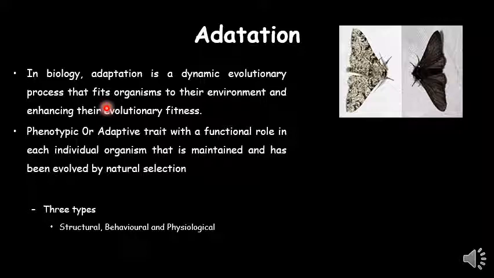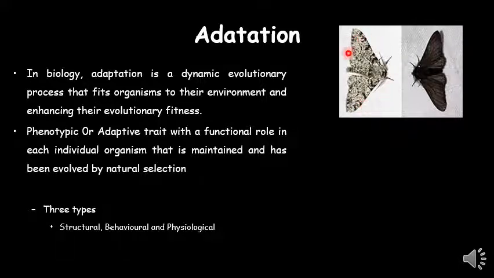That actually helps the organism to fit better in its environment and also enhances their survivability as well as their evolutionary fitness. This adaptation is phenotypic, something which happens due to genetic mutation over a long time, and due to this genetic mutation, the appearance of the organism will change. That process we can also call natural selection.